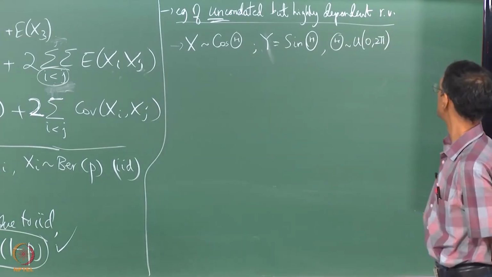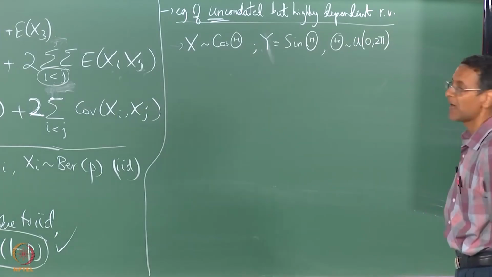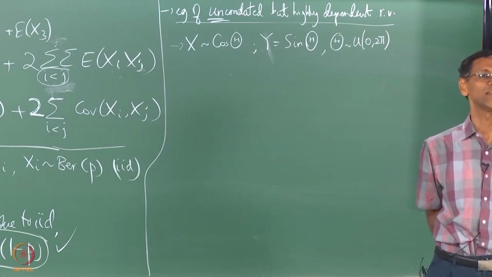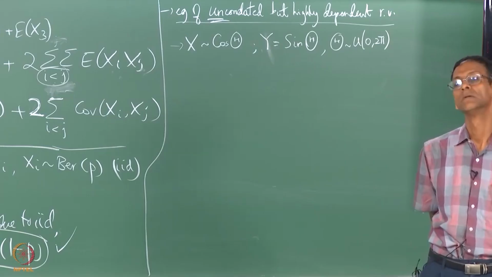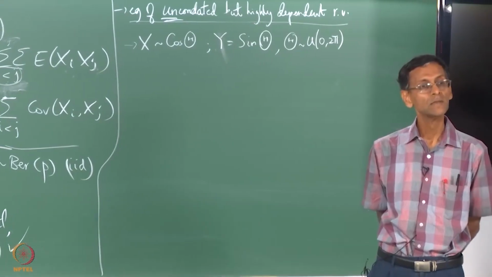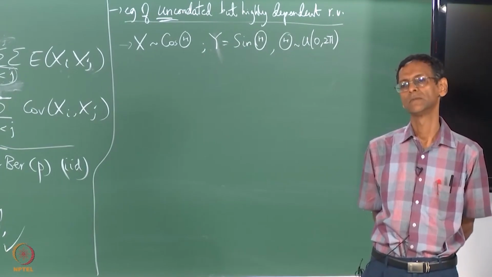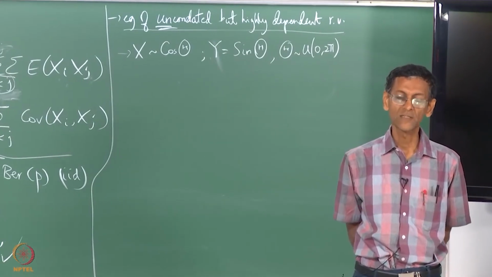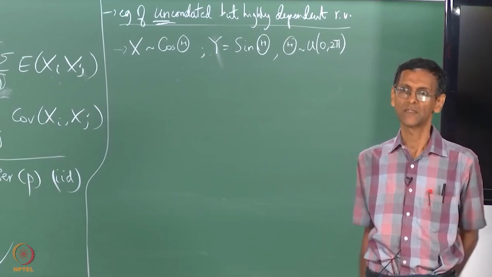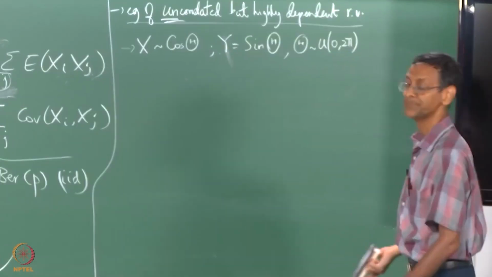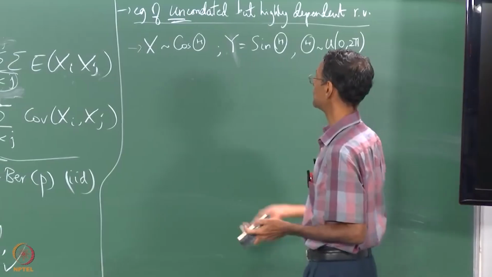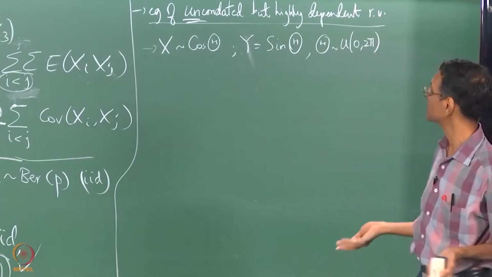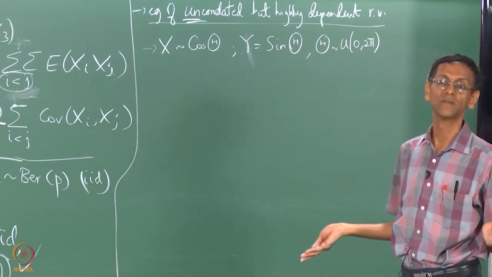We have already noted that x and y are highly dependent simply because x squared plus y squared is always equal to 1 with probability 1. There is no way in your wildest dreams that you can imagine x and y to be independent in this case. In fact, if you know x, you know y up to a sign.